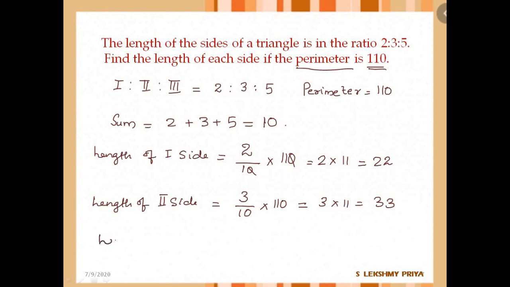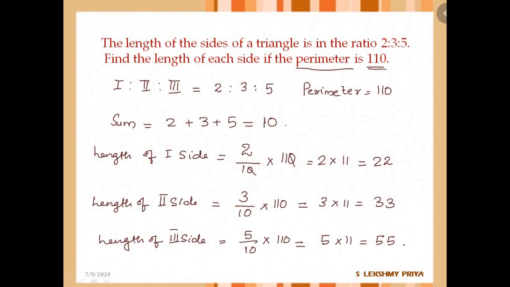And length of third side equal to the third term is 5 by sum times 110. So it will be 5 times 11, it is 55.